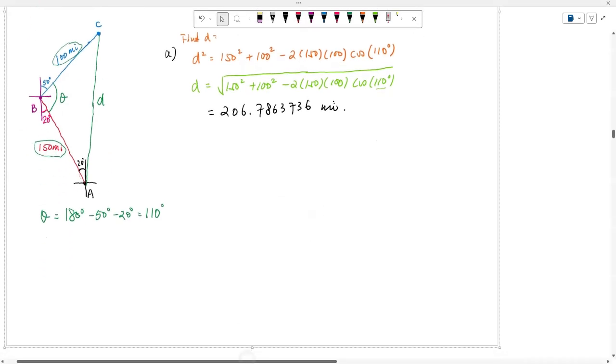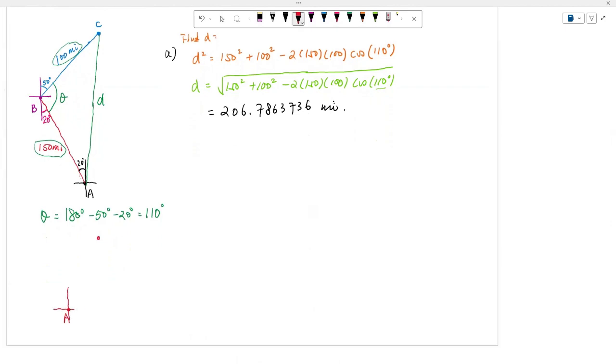From city A to city C, we know that this line right here is D. What I need to find is this angle, maybe I call it beta. And how does this angle beta relate to the problem? Maybe let me extend a little bit. So this is the angle beta that we have.